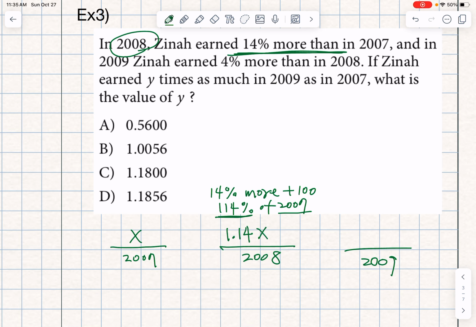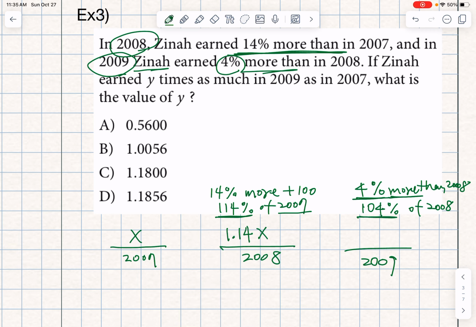And then in 2009, Jinna earned 4% more than 2008. So 4% more I can express as 104%. As I told you, you have to add 100 to the given percent. So it becomes 104% of the 2008 amount. That 104% changing to a decimal will be 1.04. And the 2008 amount was the same as that one.